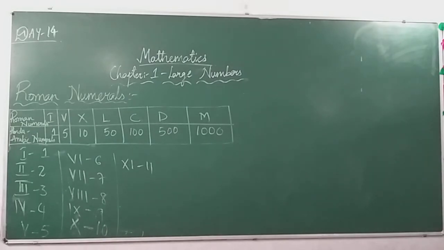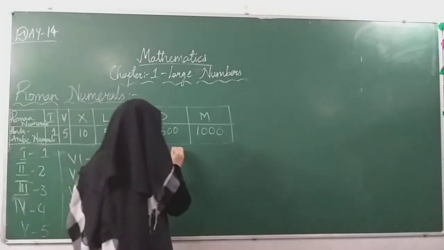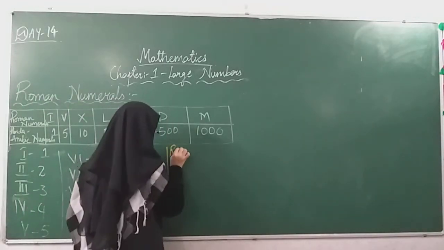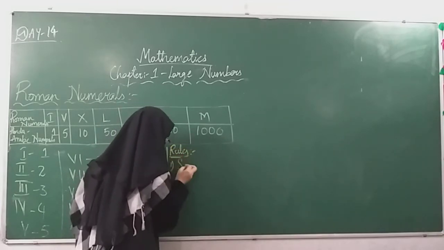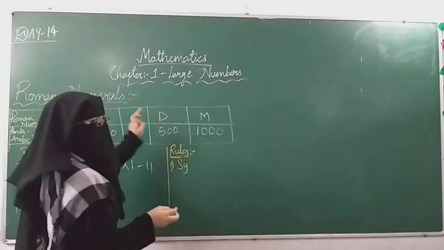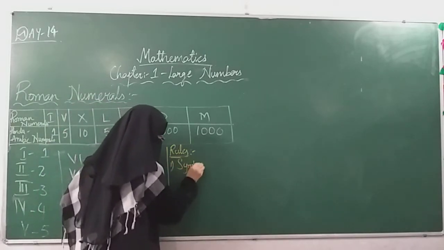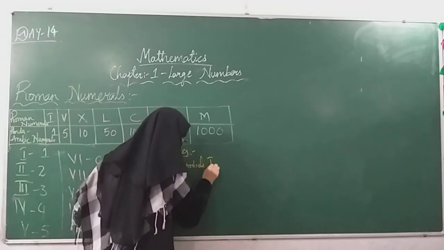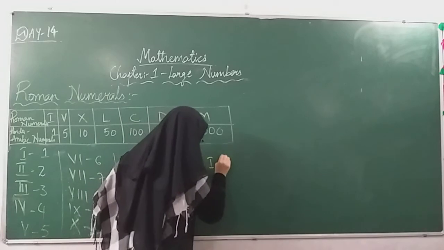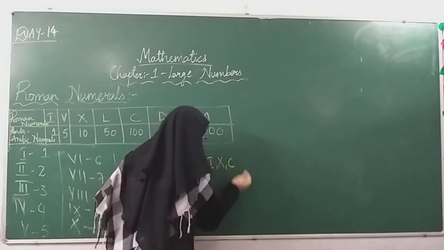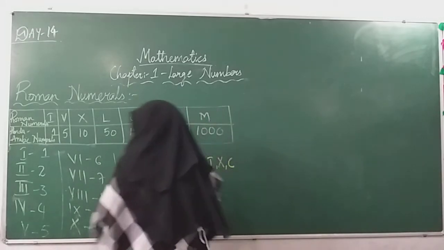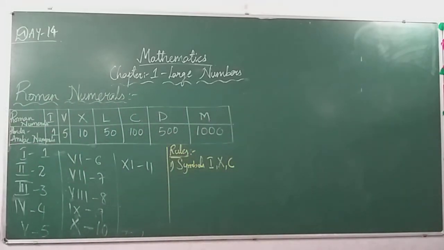We will write the rules. Symbols, these are the Roman numeral symbols, right? Symbols I, X and one more, C. We should not repeat these more than 3 times.